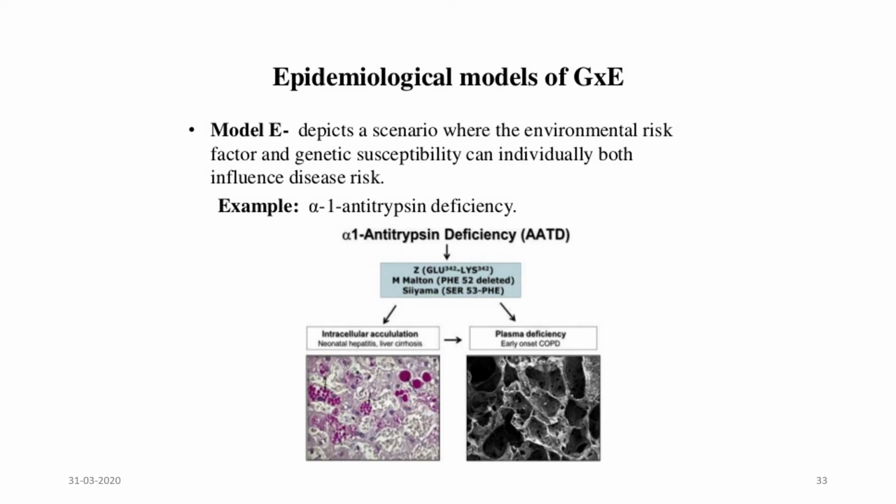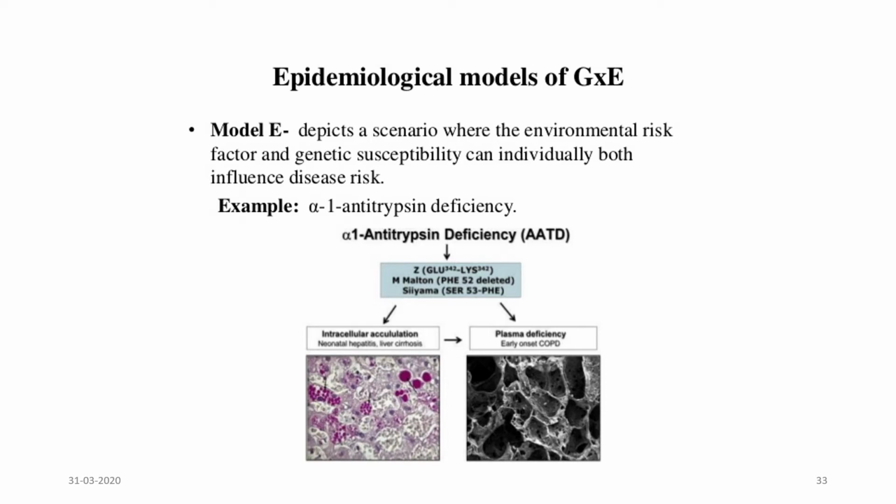The fifth model depicts a scenario where the environmental risk factor and genetic susceptibility can individually both influence disease risk. Alpha-1 antitrypsin deficiency. It is called alpha antitrypsin because, before the enzyme was properly understood, it was named differently; it's a protease inhibitor.